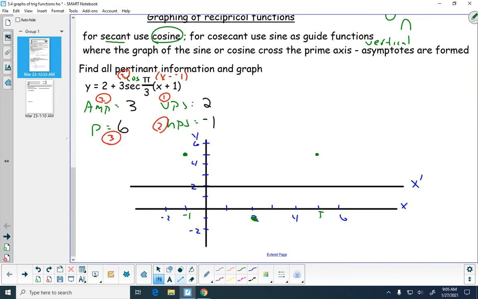Then we play our games of halves 2 more times, and that's where we're going to cross our prime axis. So we cross our prime axis where, Abby? What two values?